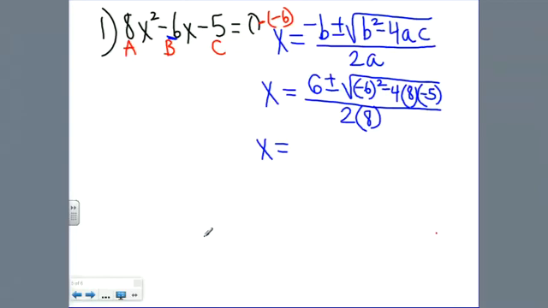Now, underneath the radical, we found the value of the discriminant earlier. So negative 6 squared is 36. And when we multiplied the last 3 numbers, that gave us 160.